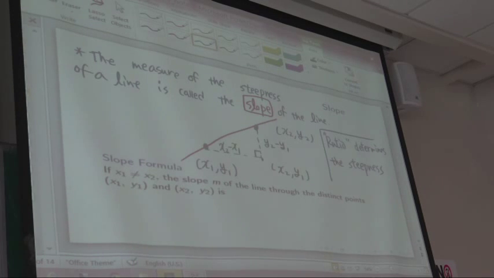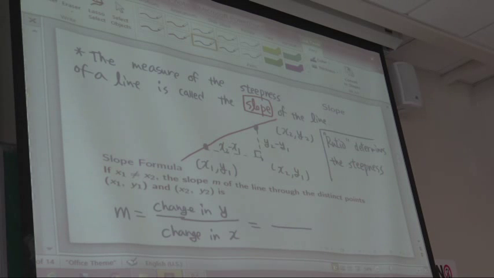The slope formula is the following. If x1 and x2 are not the same, the slope m of the line through the distinct points x1, y1 and x2, y2 is defined as m equals the change in y value over the change in x value.